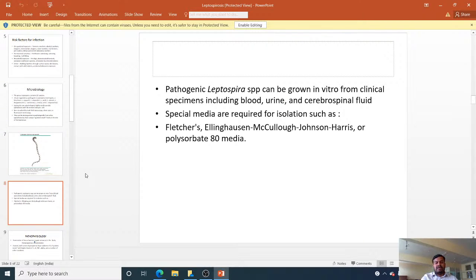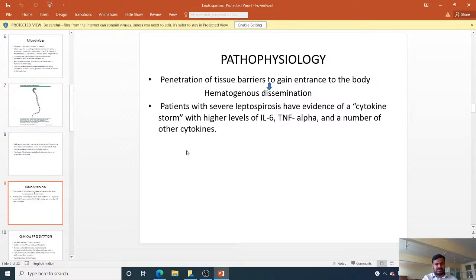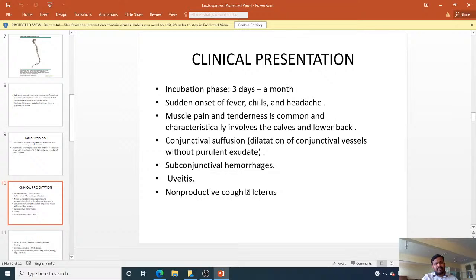It can be grown in Fletcher's or EMJH media or polysorbate 80 media. It can produce a cytokine storm. Penetration will progress to hematogenous dissemination. The incubation period is 3 days to a month.